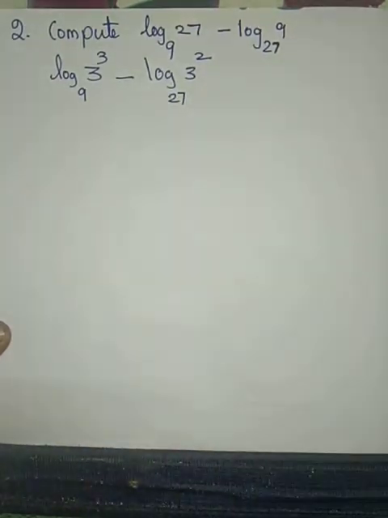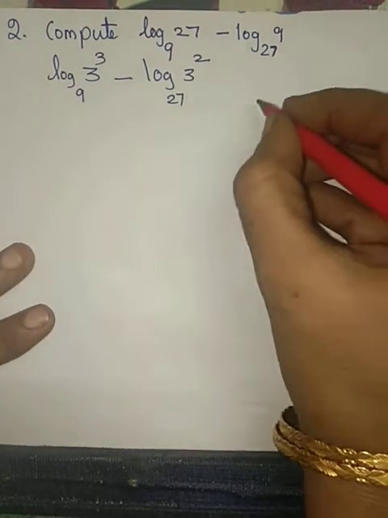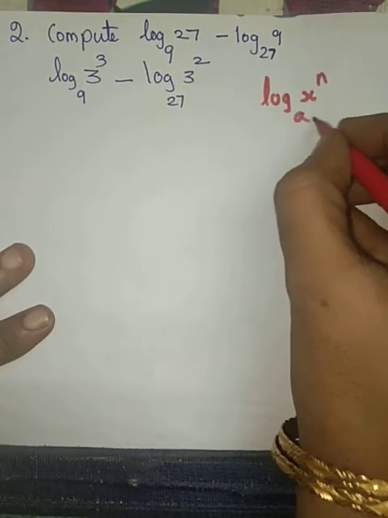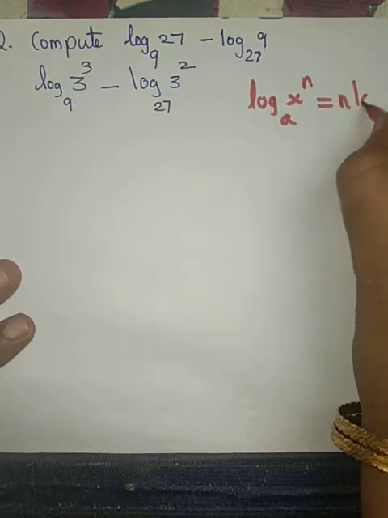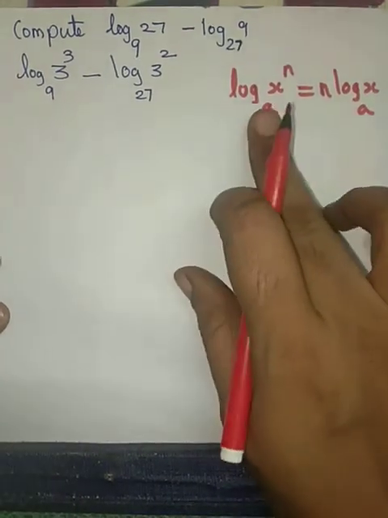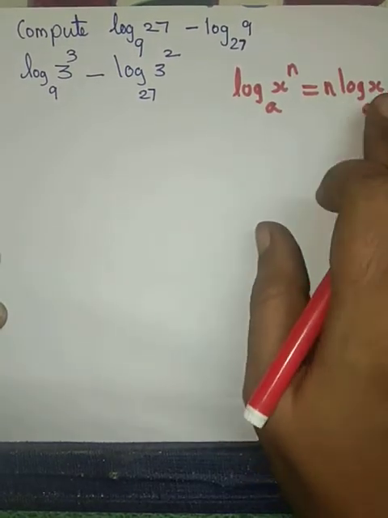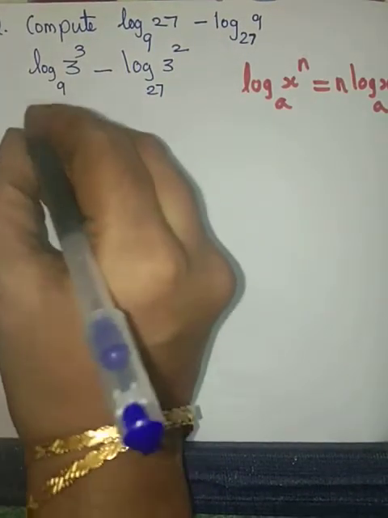We have learned the power rule. What the power rule is saying is, suppose we have log x to the power n to the base a, I can write this as n log x to the base a. Now using this power rule, I can put the 3 in the front.